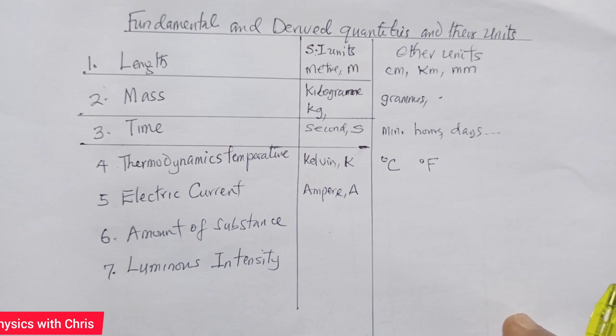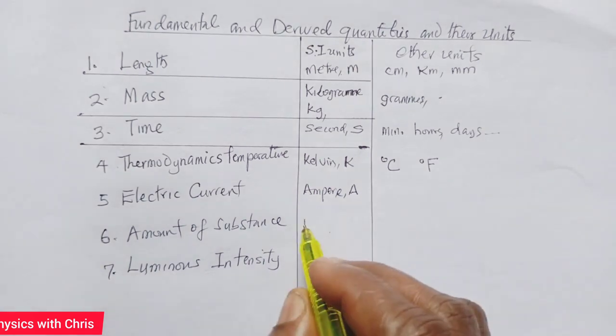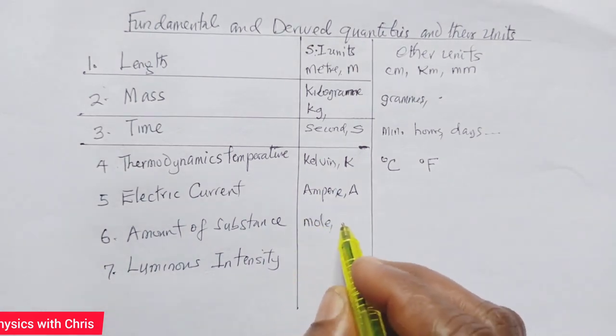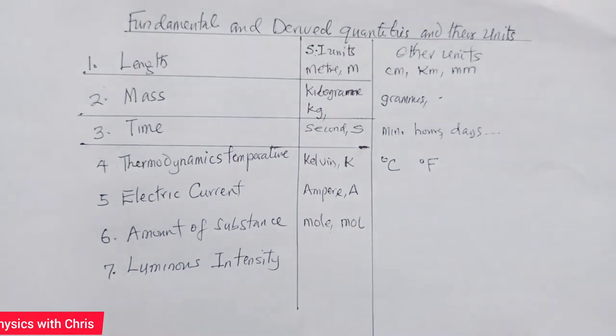Amount of substance, that is the quantity of matter, is measured in moles. The symbol is mol. We can talk about a mole of a substance. This time around, we're trying to quantify substance. Substance like water, substance like air, substance like gases, substance like sand. How do you quantify it in physics? We use a mole.